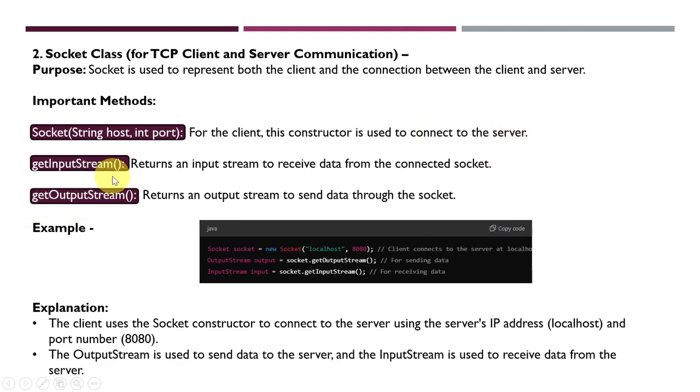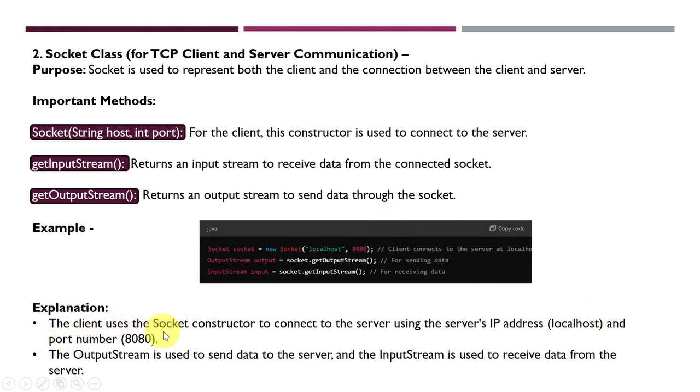getInputStream returns an input stream to receive data from the connected socket. getOutputStream returns an output stream to send data through the socket. Here is an example of the Socket class.